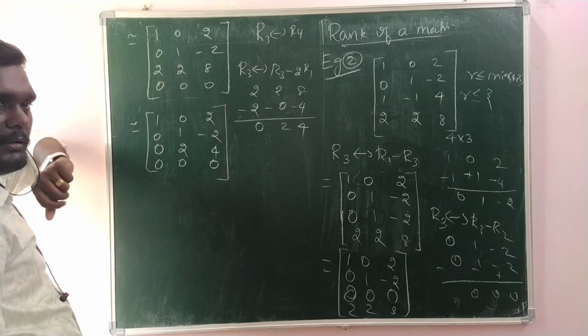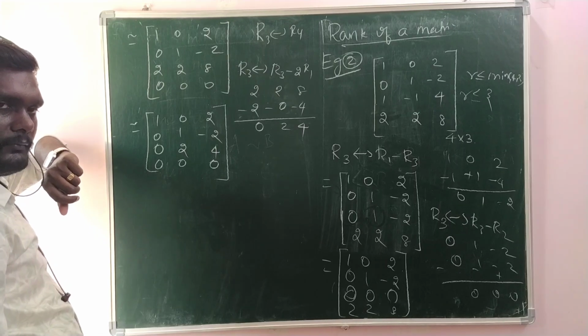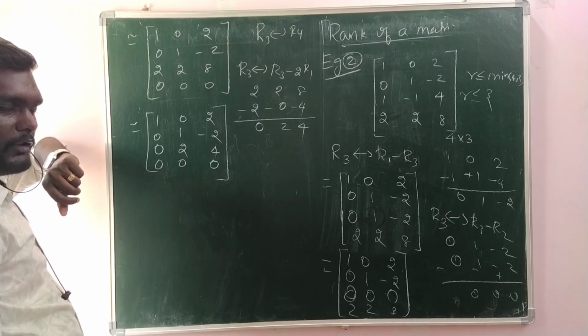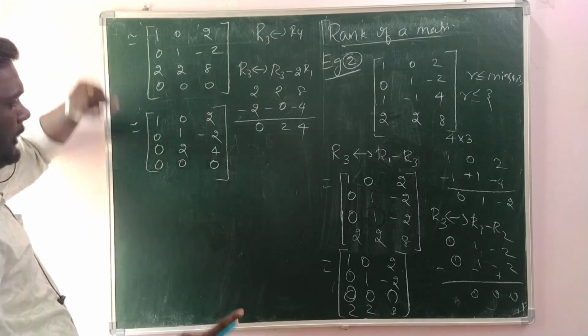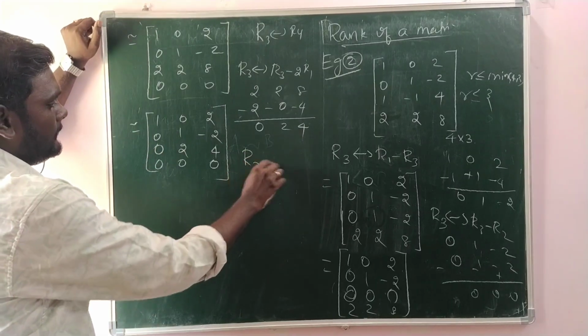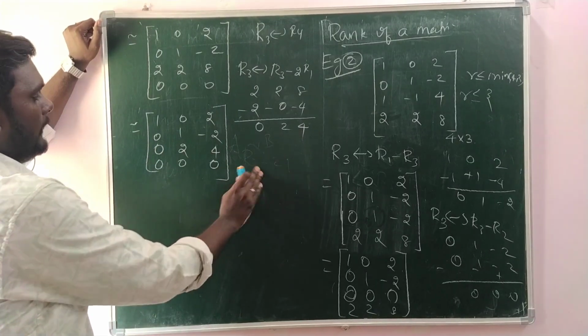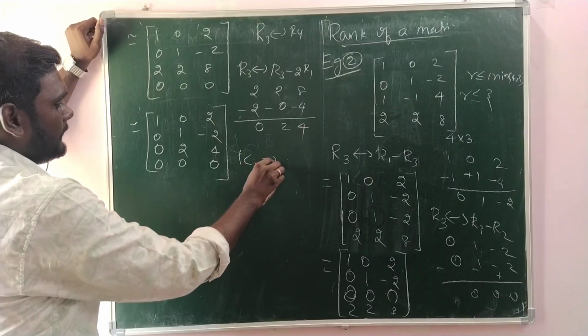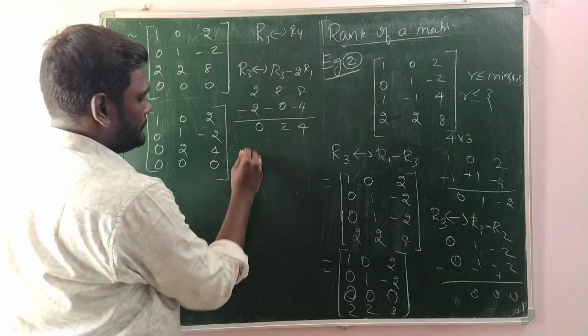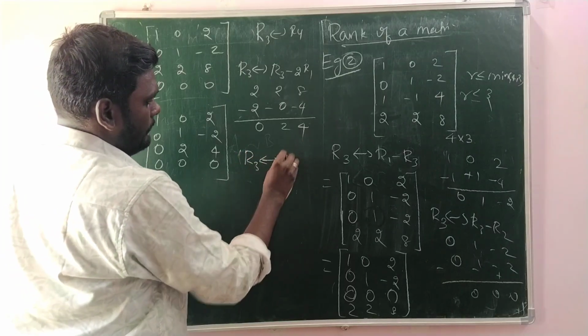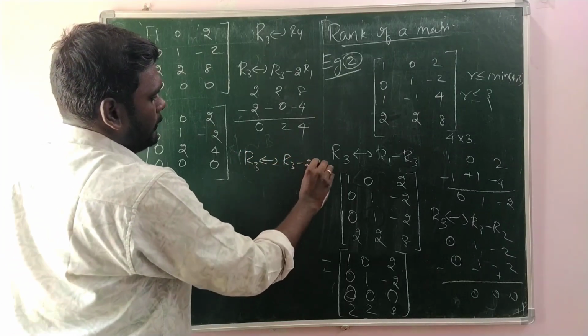There should not be an equal number of zeros again. This also can be made 0 or not, you should check. It should be less than the next row. So R3 minus 2R2.